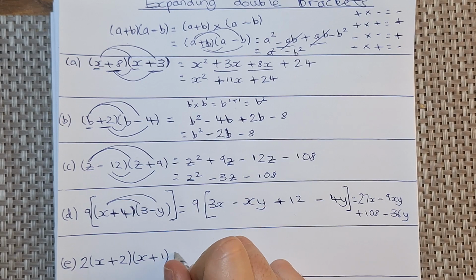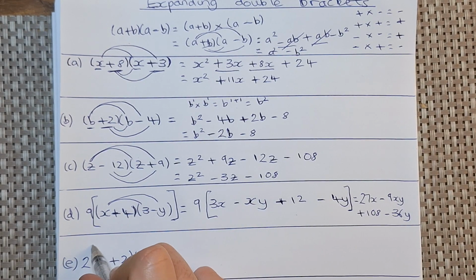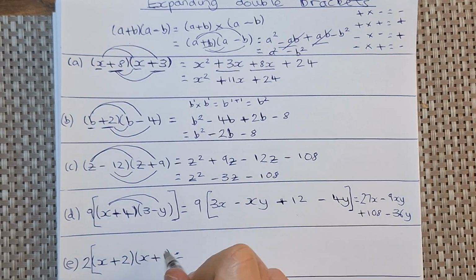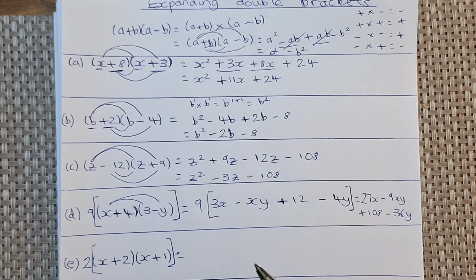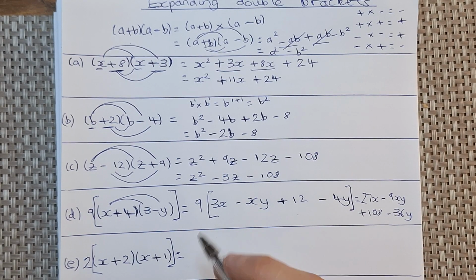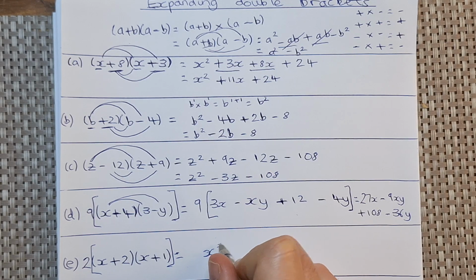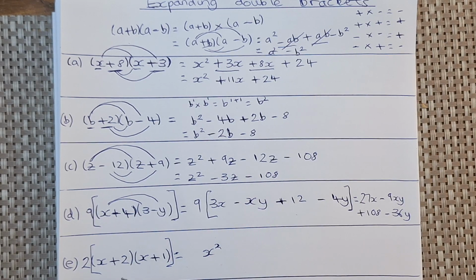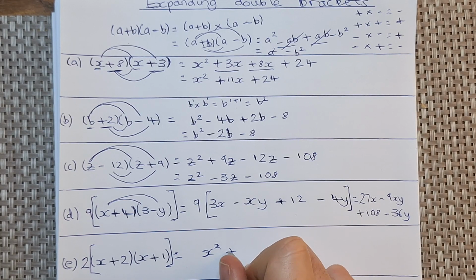Now, last question. Again, slightly harder, but we're just going to do what's in the brackets first. That's the key here. And then we'll times it all by 2. So x times x is going to be x squared. x times 1 is plus x.